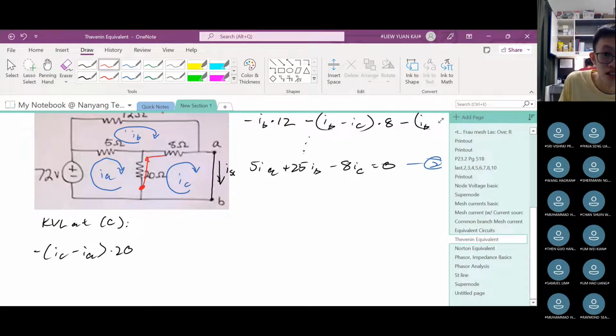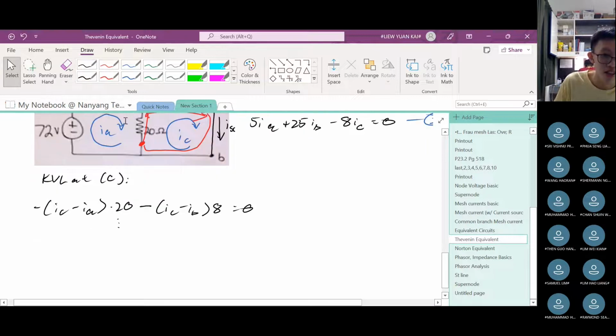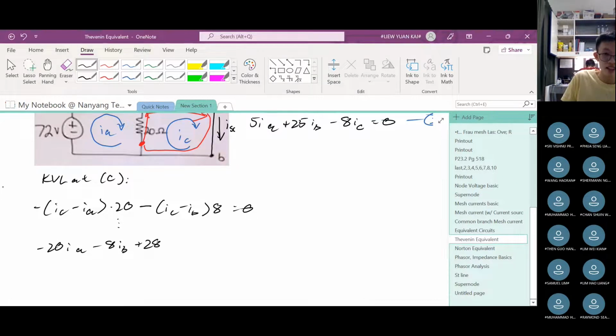Then we go to here, this is minus IC minus IB times 8. Then we go to here, which is nothing. We go to here, which is nothing. So we come back to the start. This is equal to 0. Expand and simplify this. You should get minus 20 IA minus 8 IB plus 28 IC equals to 0. Now this is your third equation.